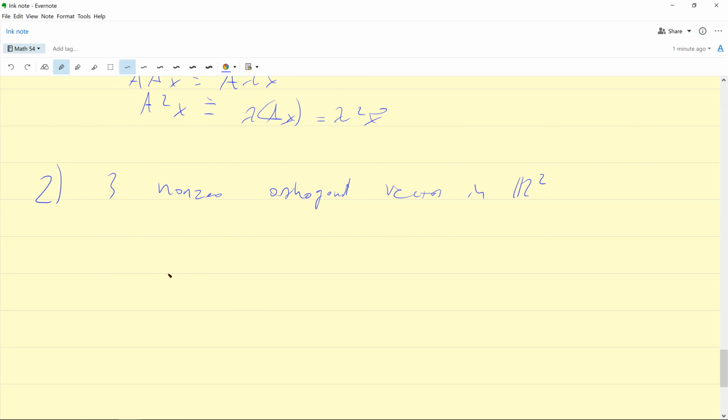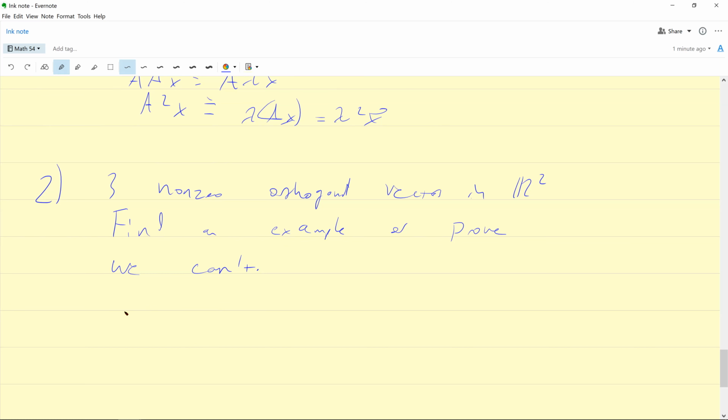What's the question? We're trying to either find an example or show why one can't exist. I'm not sure if this is right, but could you say the standard vectors, as in the E vectors?